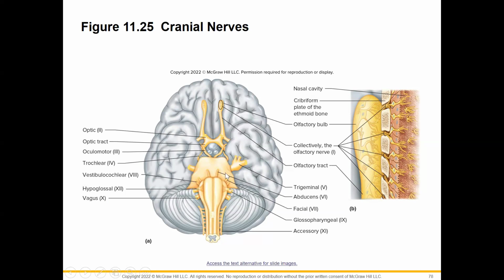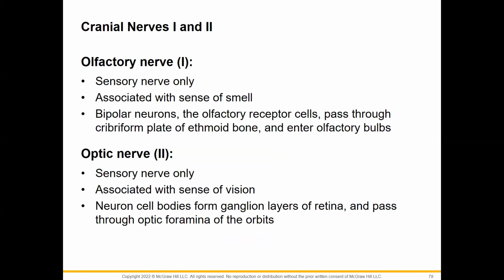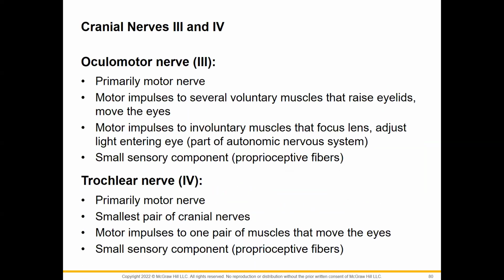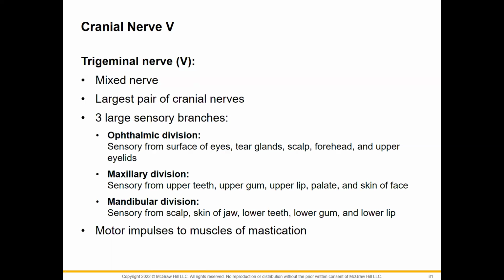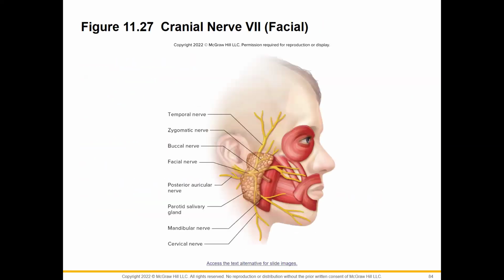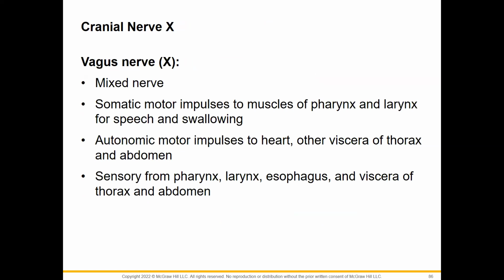Those are cranial nerves 3 through 12 that are associated with the brain stem, whereas 1 and 2 are not originating around the brain stem. So these are all the different cranial nerves that are associated with functioning of the head and neck and some parts of the body.